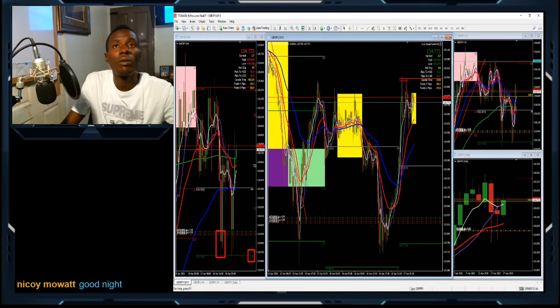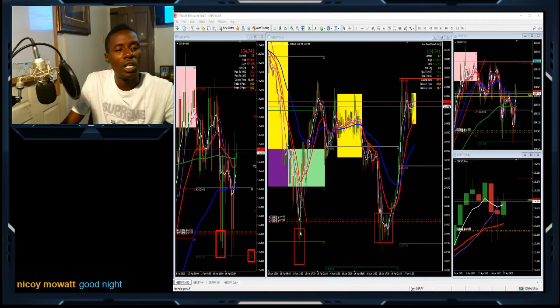This evening I bought this right here, knowing that the market maker wants to go for a stop hunt. The person who bought this yesterday, because this was yesterday's low, the traders who bought this moved their stop to break even.